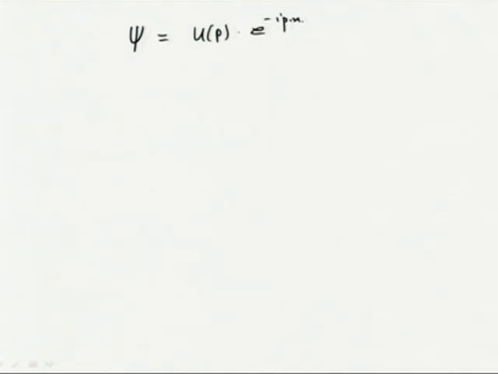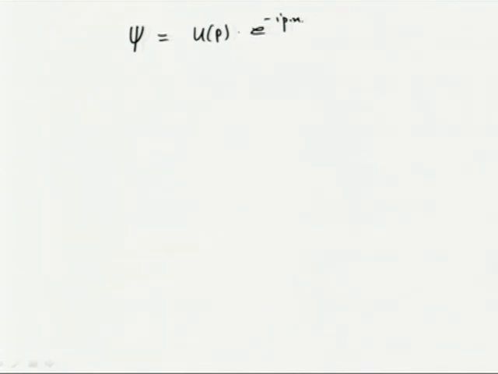Now, remember that we have a column vector with 4 components, represented compactly as psi, and on the right hand side u should also therefore be a column vector, which has 4 components, whereas the exponential is just some normal function.